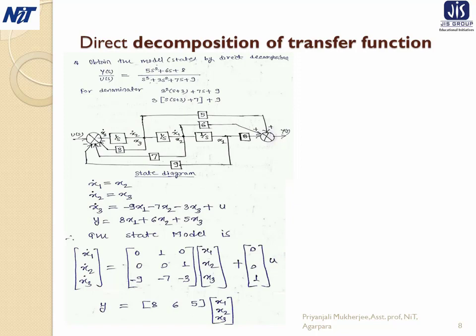For the C matrix, the coefficient of x1 is 8, the coefficient of x2 is 6, and the coefficient of x3 is 5. And there is no u term, so the D matrix is equal to 0. So this is the direct decomposition method of the transfer function, which can be applied to a transfer function which is not in the factored form.